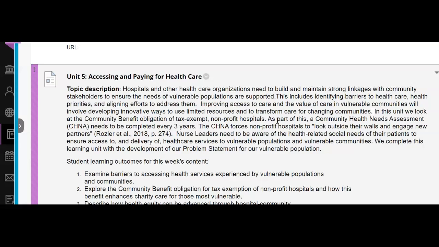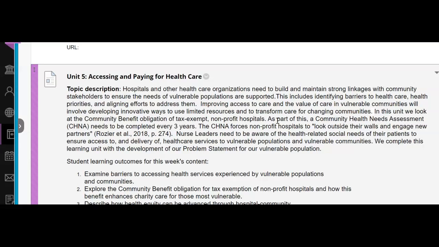obligation, so community benefit that hospitals have who are tax exempt and nonprofit. If a hospital is a nonprofit hospital, in order to receive this tax exemption, which is about 50% of our hospitals nationwide, they're obliged to follow the community benefit.